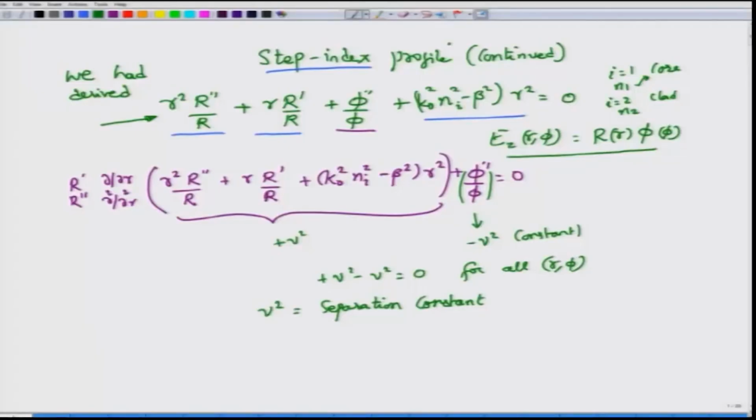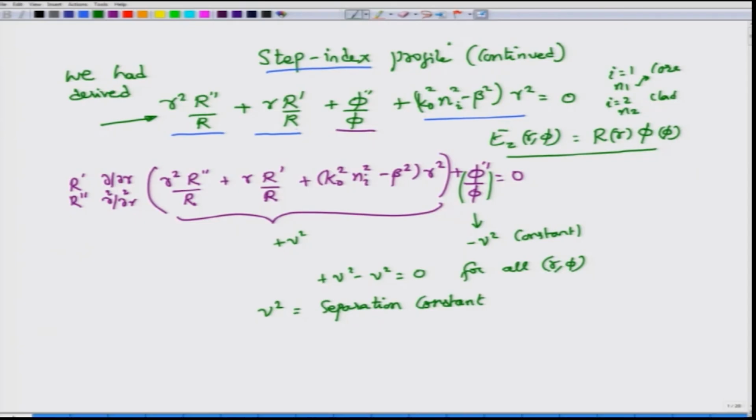The sum of these two will always be equal to 0, of course, that is the original equation condition, and because that has to be 0, these two terms individually must be equal to constants, and further the signs of these constants must be opposite to each other. Okay. So, that is the reason why I have chosen the separation constant to be minus nu square and plus nu square for the function which I have written as a function of r alone.